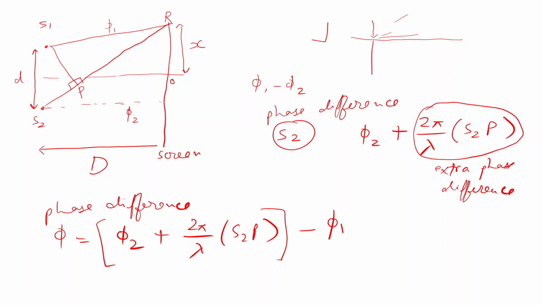Now for intensity, we have seen cos can take values depending on the values phi takes; cos can vary between 0 and 1. So if cos square phi is 0, we get a dark fringe.